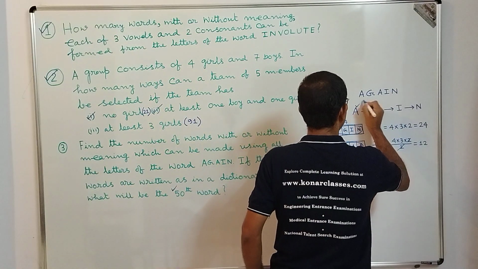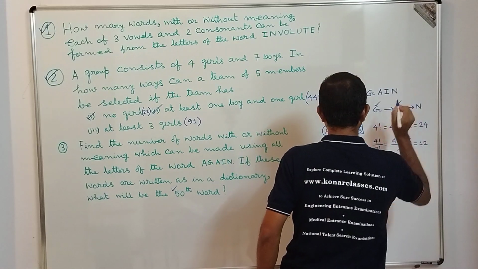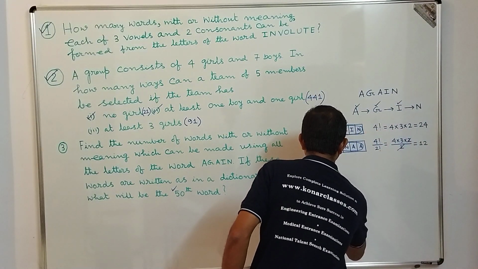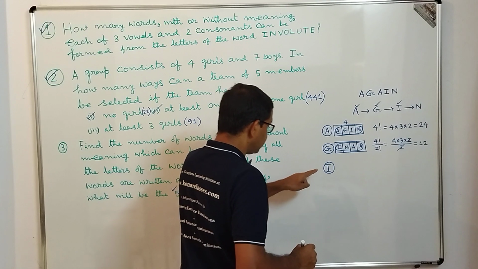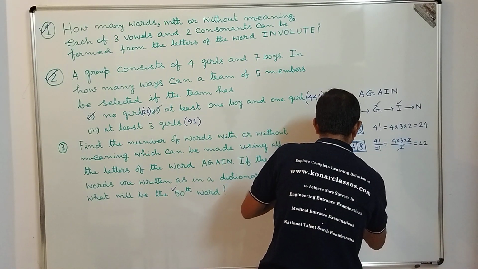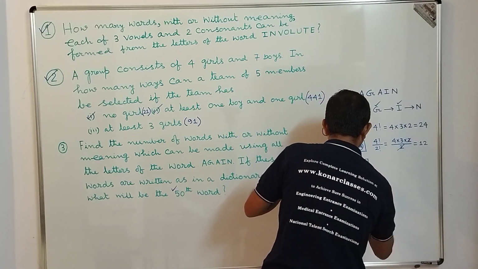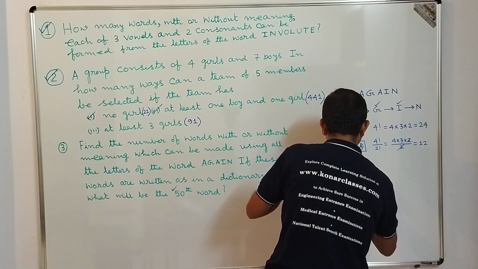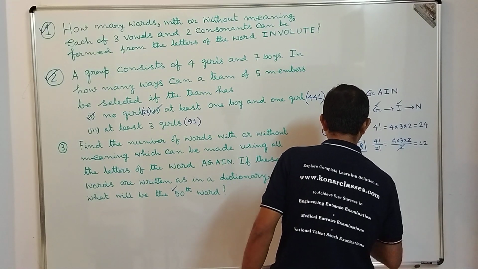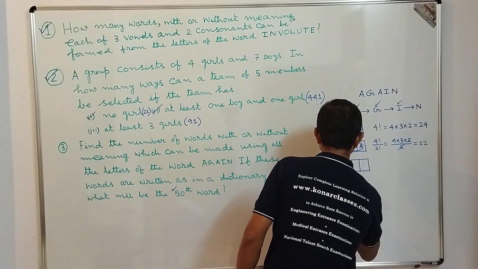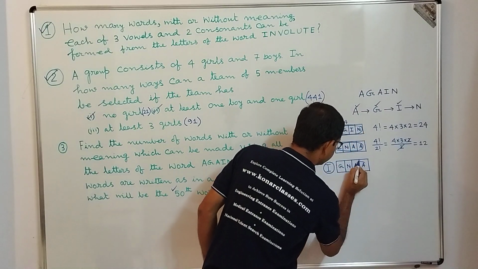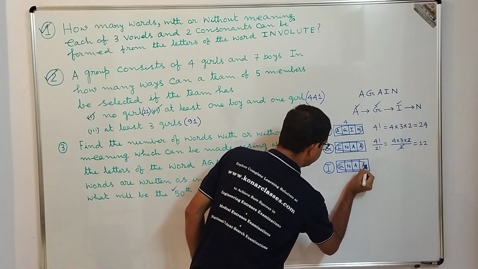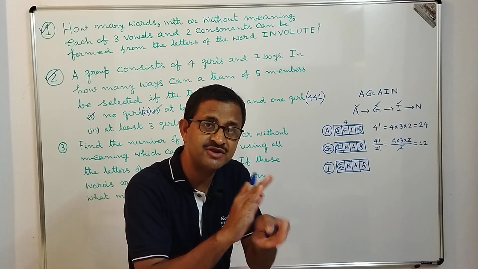A is done, G is done, then I. If we list down the words starting with the letter I, then there are 4 remaining letters: G, N, A, A. Here also these 4 objects are not all distinct, and we want to make arrangements among them.